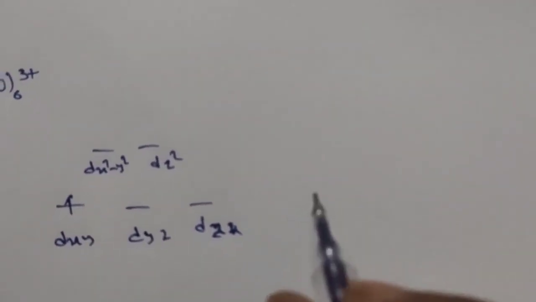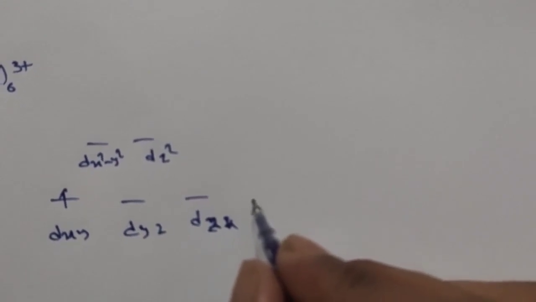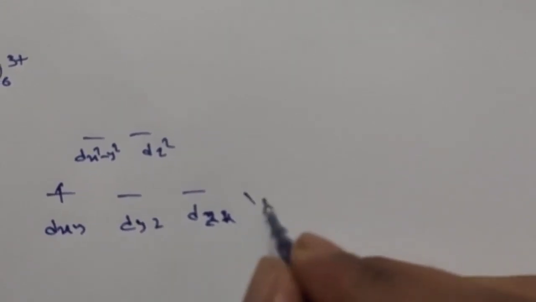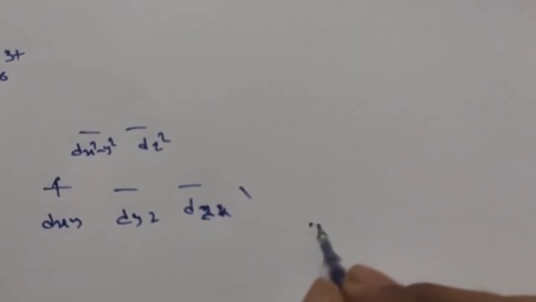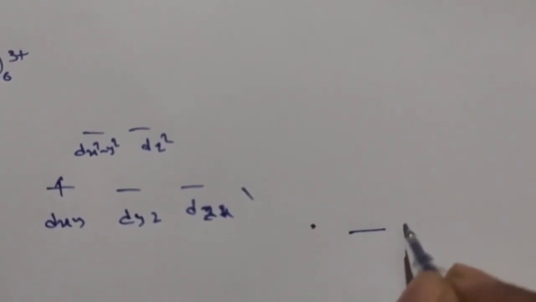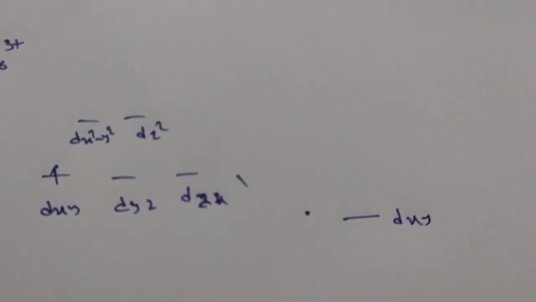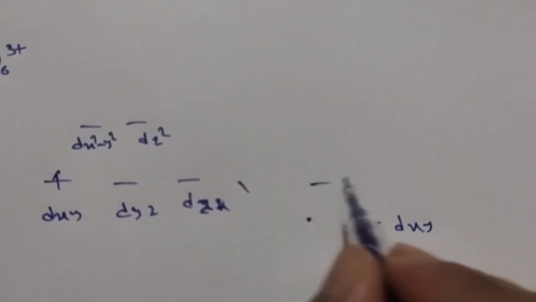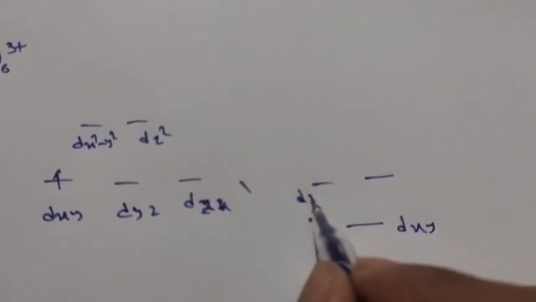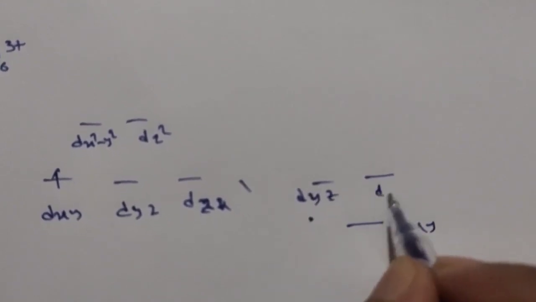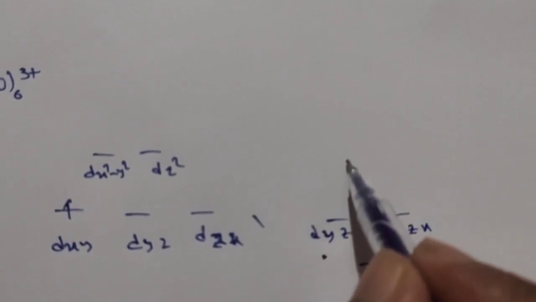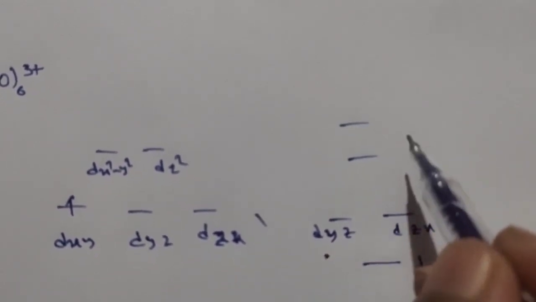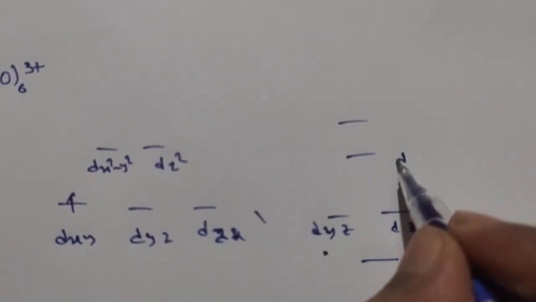This will again split into subsets, so dxy will have the lowest energy level, followed by dyz and dzx, and the Eg level will also be split like this.